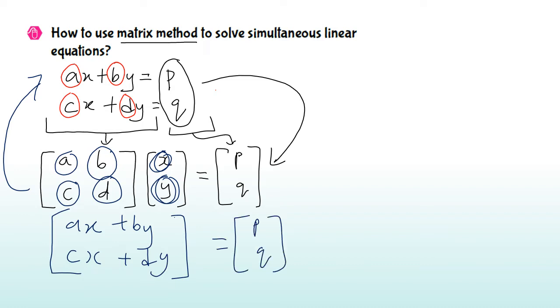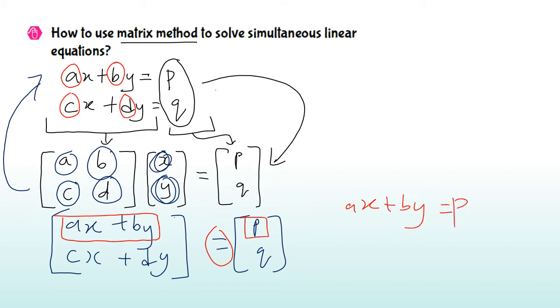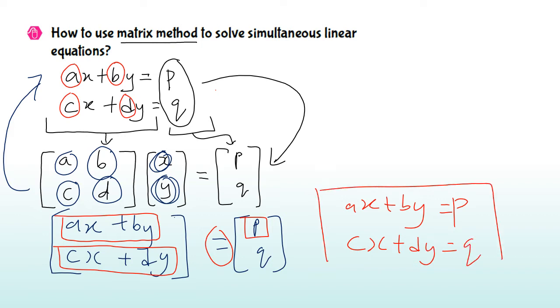So with this, ax plus by equal p, and cx plus dy equal q. It is the same as the simultaneous equations that I wrote first.